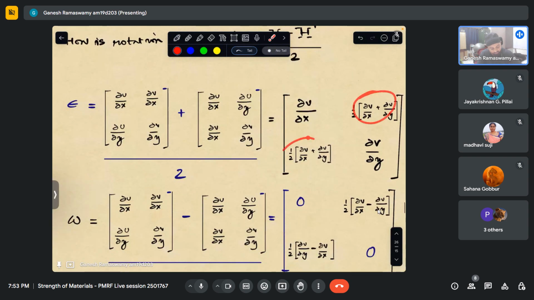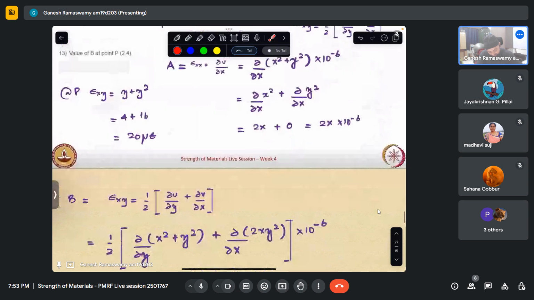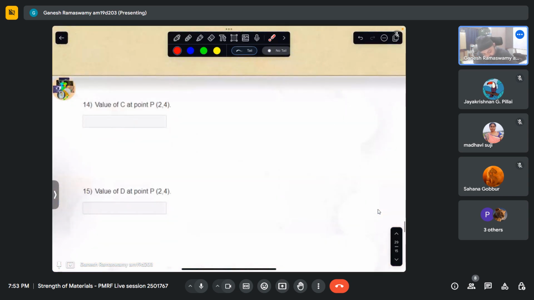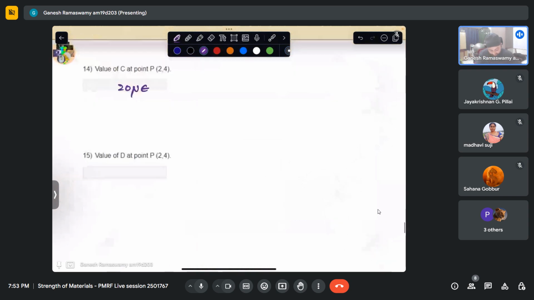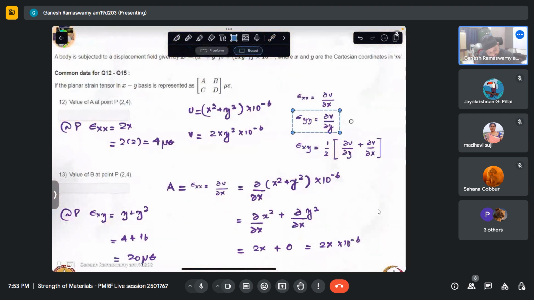So this will also be 20 microstrain. And then at point D, the component D is nothing but epsilon yy, which is this. So let us quickly calculate that.